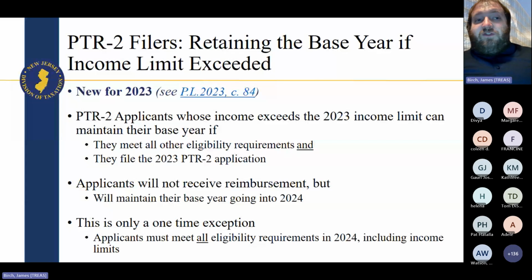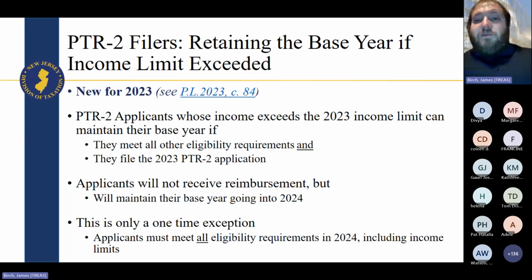This is also something that's new for this year. PTR2 filers will be eligible to maintain a base year if their income limit is exceeded. So that was signed into law, and it said that a PTR2 applicant whose income exceeds the 2023 income limit can maintain their base year if they meet all other eligibility requirements and they file the 2023 PTR2 application.